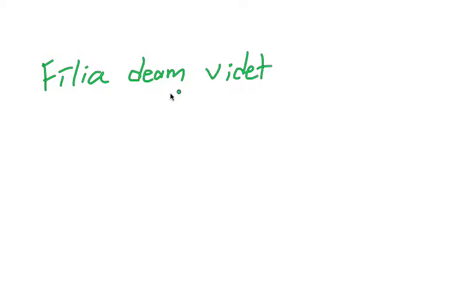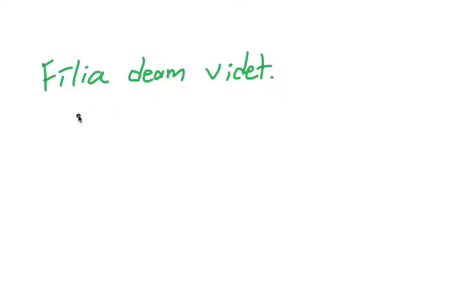Okay, let's do another example. Here's another sentence that has a direct object. Filia deam videt.